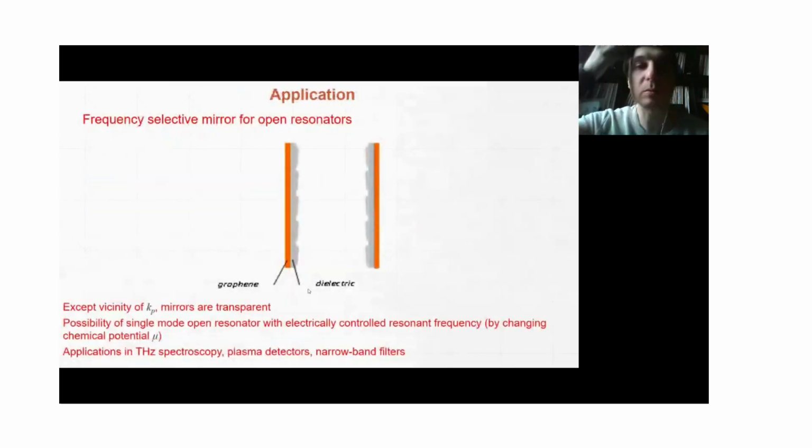And with this in hand, one possible application of such structures is to use these graphene dielectric sandwiches as mirrors for open resonators.